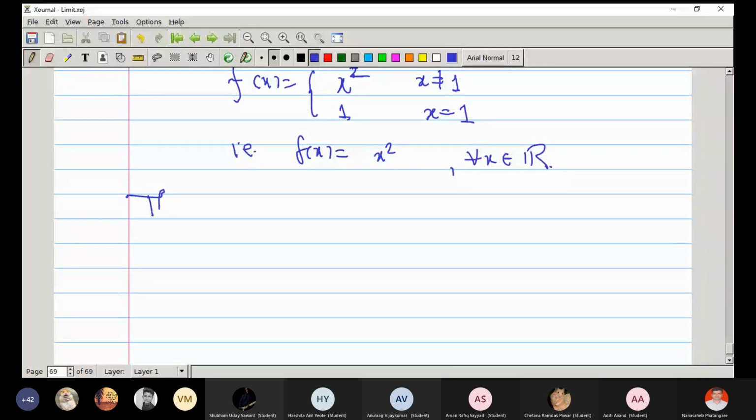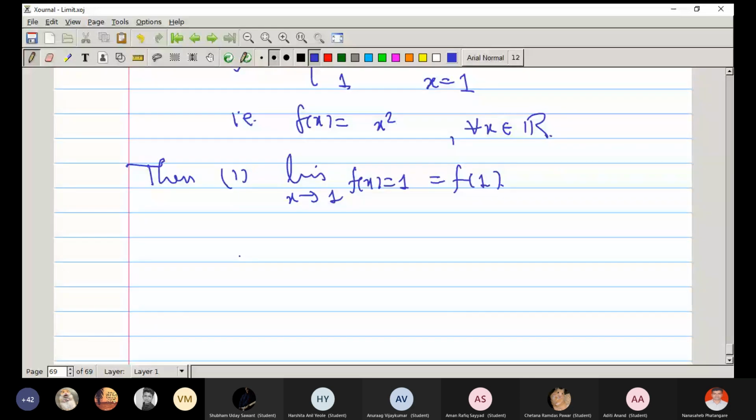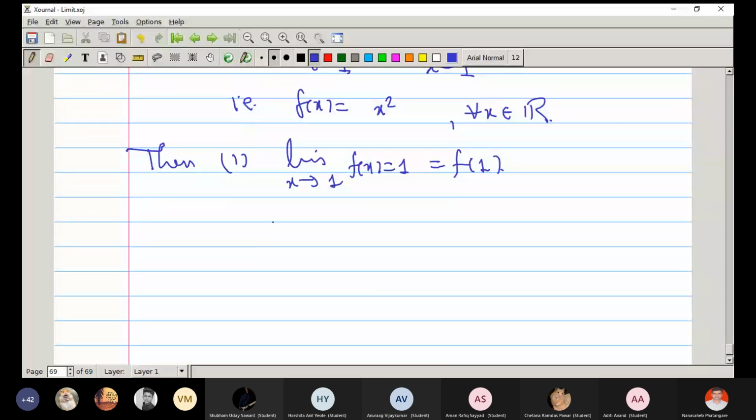Then what happens? The limit as x tends to 1 of f of x is 1 and the value of the function at 1 is also 1. Secondly, see the graph.